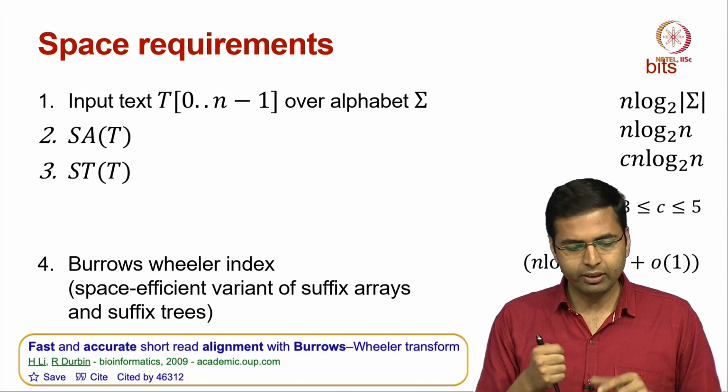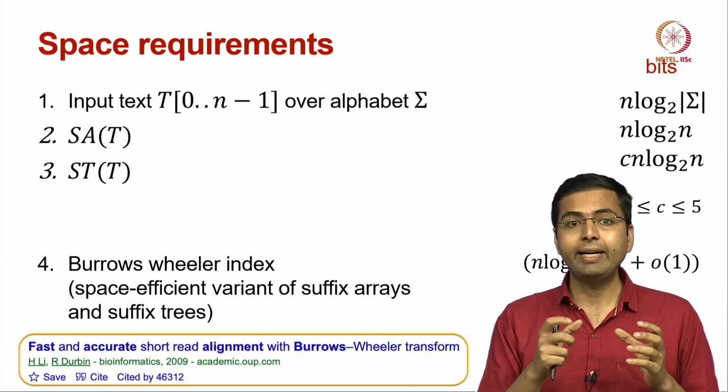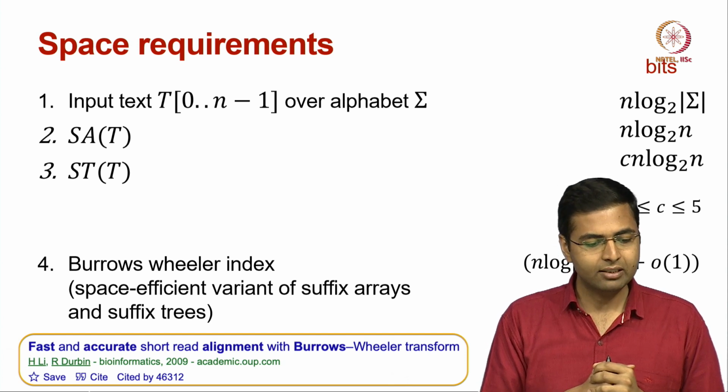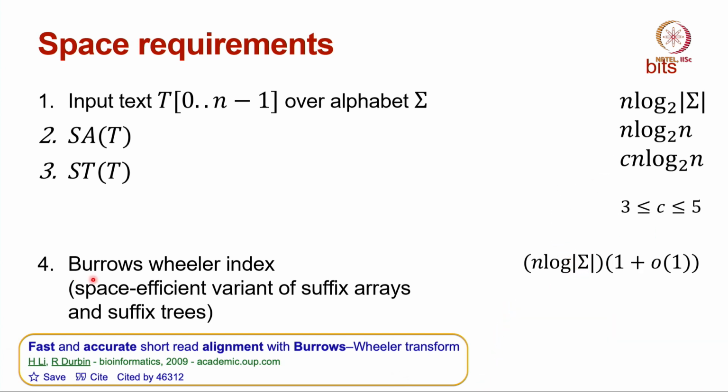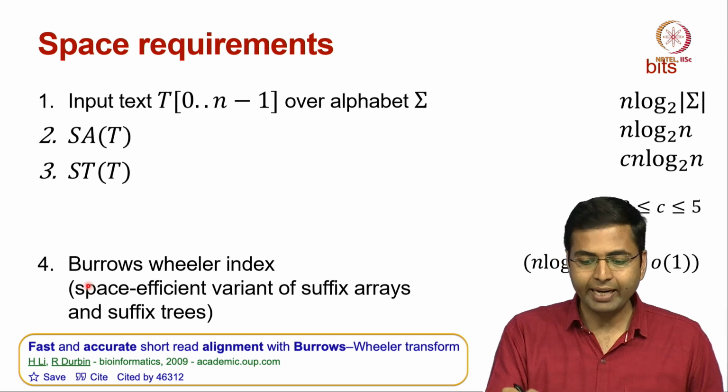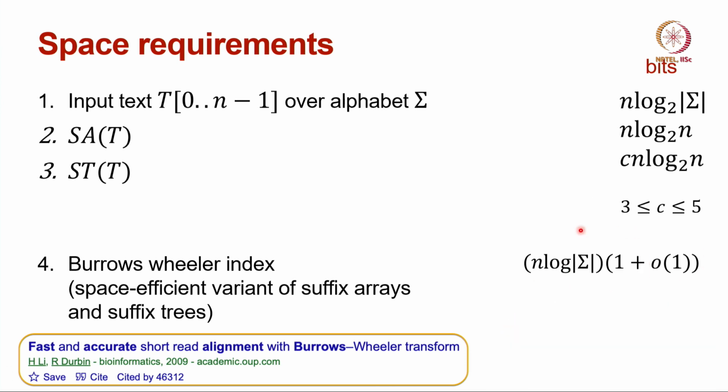So, the motivation for this lecture is to look at another index data structure, known as the Burrows-Wheeler index. This is going to be a space efficient version of suffix arrays and suffix trees, in the sense that we will try to show that this data structure is powerful enough to support the applications of suffix arrays and suffix trees, yet the space requirement of the Burrows-Wheeler index is going to be significantly smaller.